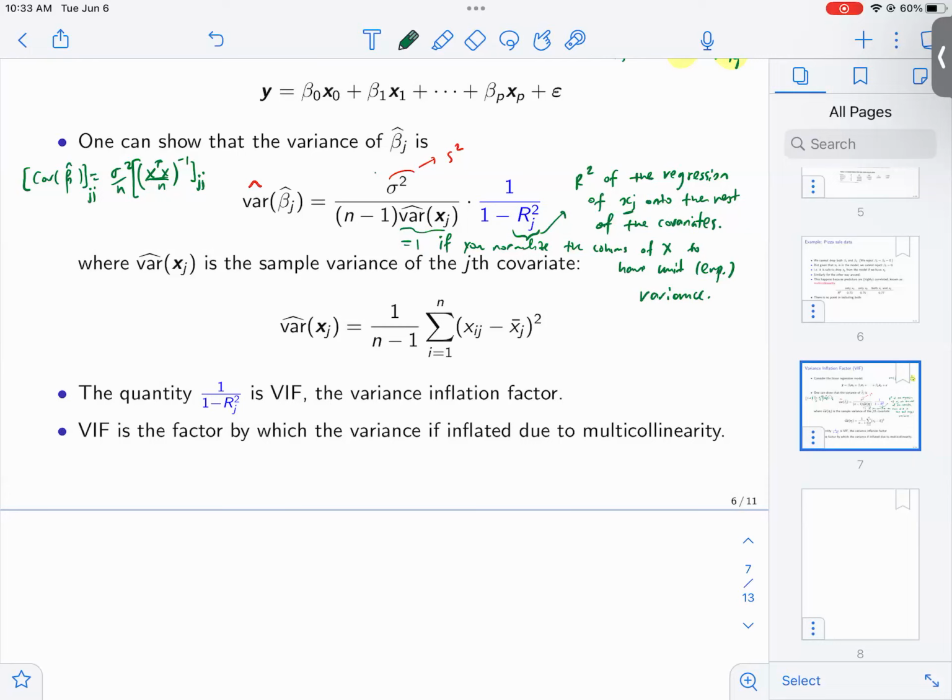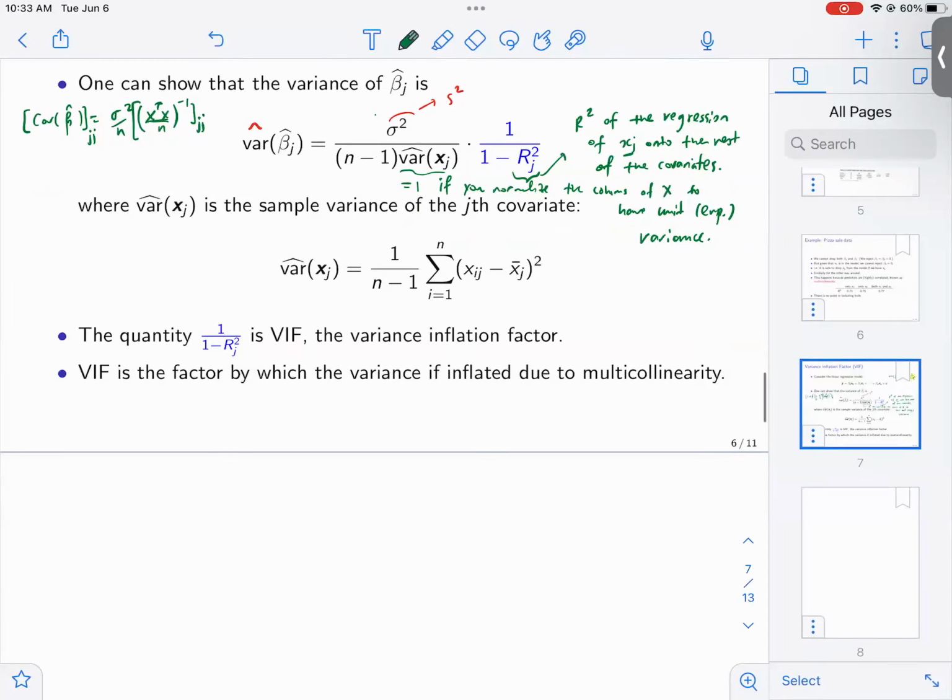The idea is a linear algebra trick, how to get access to the jth element of the inverse of a matrix. What I have is X. I'm going to write it as xj, where xj is the jth column. I'm going to put it in the first column for simplicity, and then x minus j, which is something people often do.